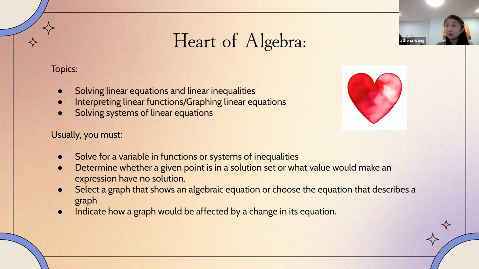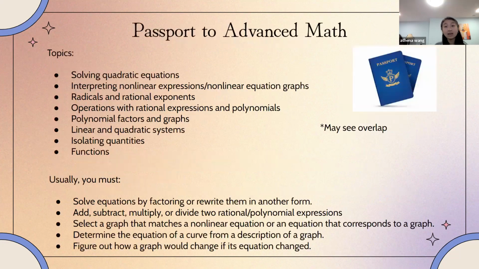You can select a graph, so a lot of this is looking at graphs and seeing if the graph matches your equation, or seeing the equation and being able to graph it. So you have to be able to choose that, and then you have to see how a graph is affected by its equation. So we're going to go over all of that today.